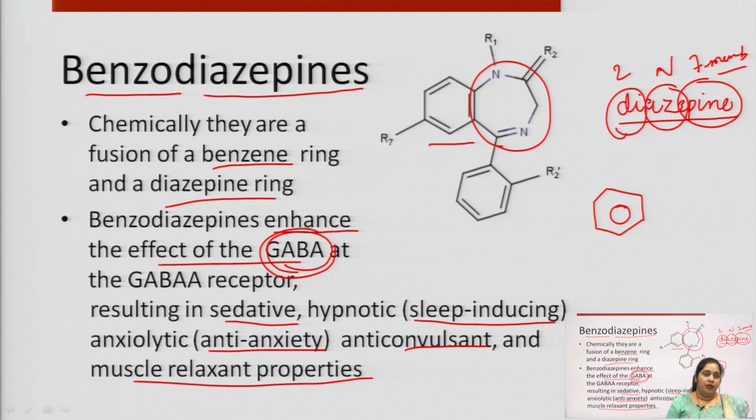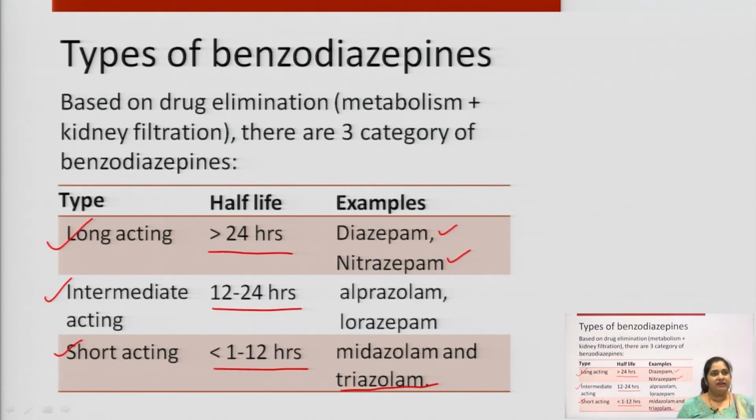That results in sedative, hypnotic, anti-anxiety, anti-convulsant and muscle relaxant activity. There are long acting, intermediate acting and short acting benzodiazepines, on the basis of their half life, that is, how much time they stay in the body before elimination, either through metabolism or through kidney filtration.